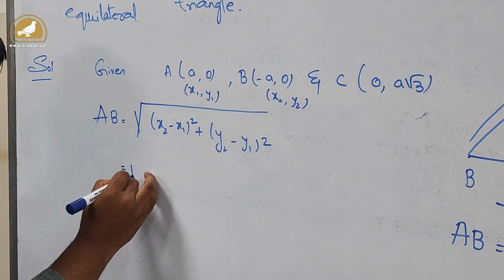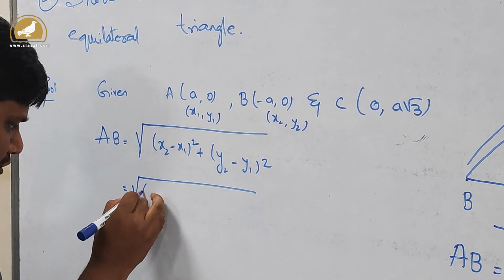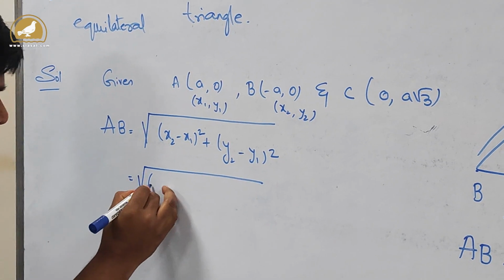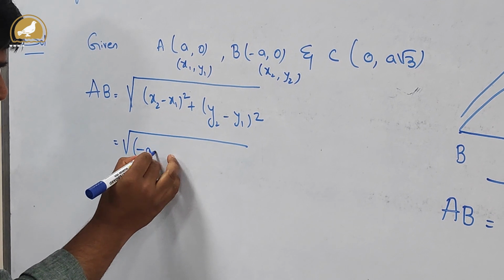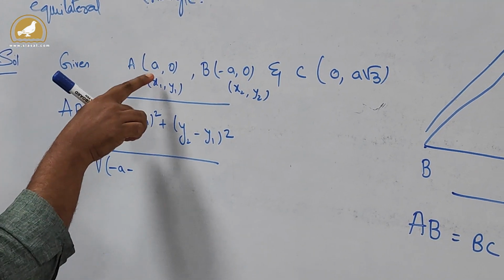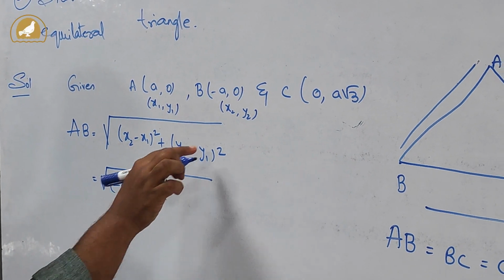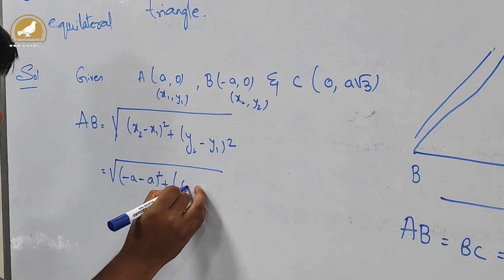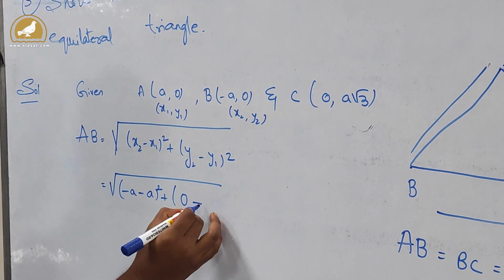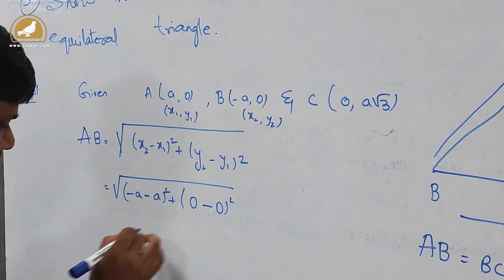The value of x2 is minus a, minus the value of x1, which is a, whole square, plus y2, the value of which is 0, minus y1, the value of which is 0, whole square.